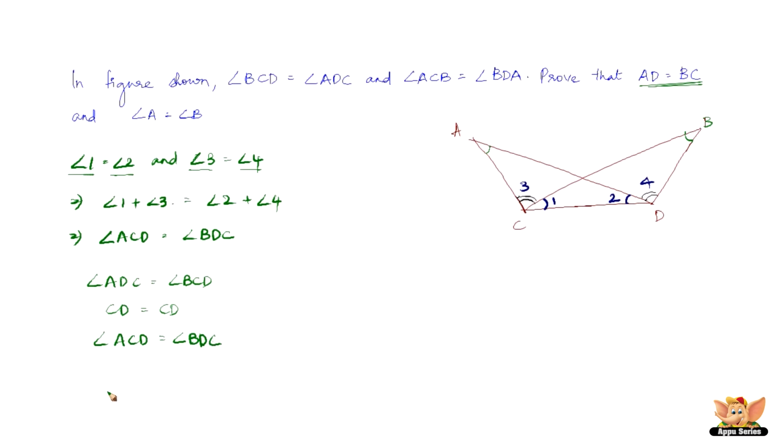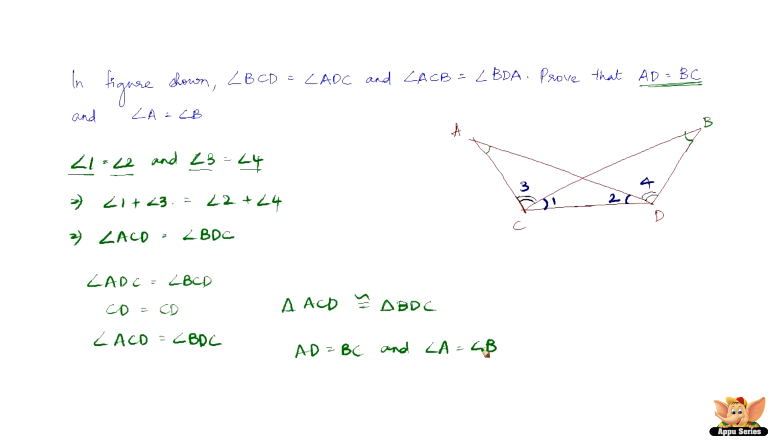So therefore, again, we've got two angles equal and one side equal. So from the ASA congruence criterion, we have that triangle ACD is congruent to triangle BDC. Therefore, AD equals BC and angle A equals angle B.